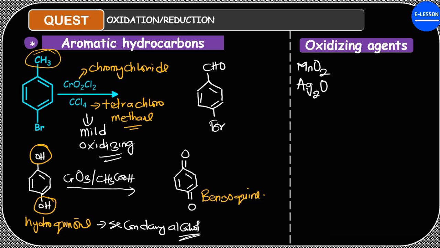You can reduce them to actually react without affecting the double bond, or without affecting the olefins' double bond. Now when you say olefins, you're talking about the alkene double bond, right?